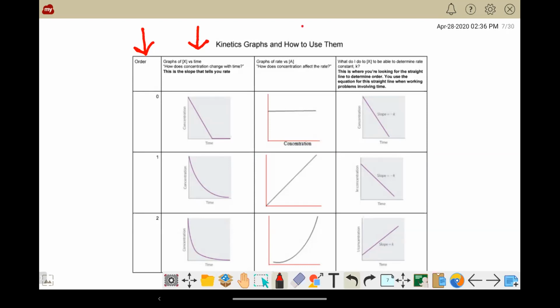This middle column is a graph of, and I don't have my y-axes labeled, we are graphing rate versus concentration. How does the concentration affect the rate? So if the reaction is 0 order, then our rate law would be rate equals K, and the graph would be a non-zero horizontal line.